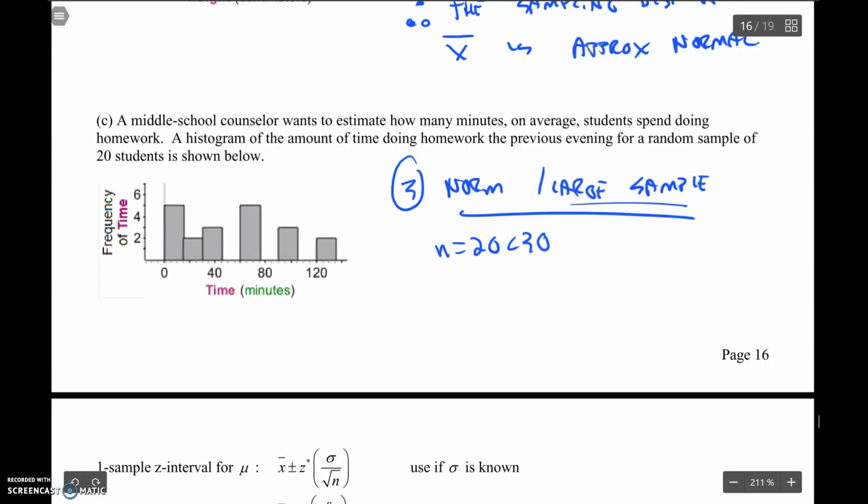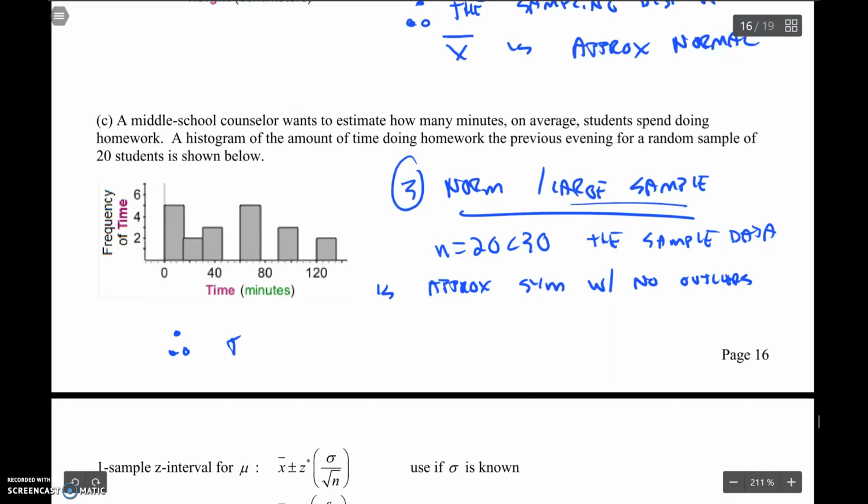See, don't expect this to look normal. Data is not going to look normal. What we're looking for is evidence that it came from a distribution that was strongly skewed. Well, there's no outliers, and it's approximate. So the sample data is approximately symmetric with no outliers.